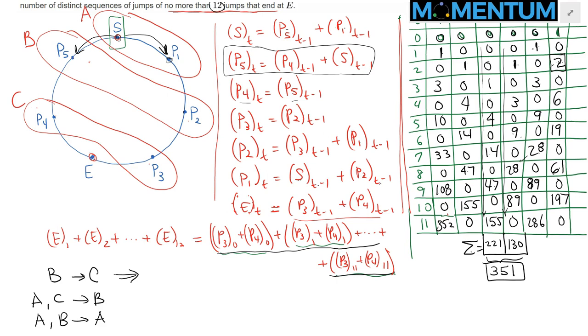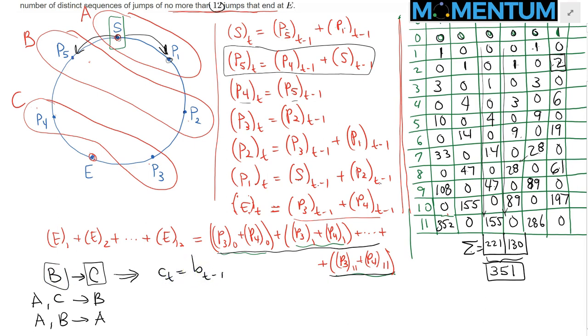Let's say we can end up in C in T steps only if in the previous step, in step T minus 1, we were in B. So therefore C sub T is just B sub T minus 1.